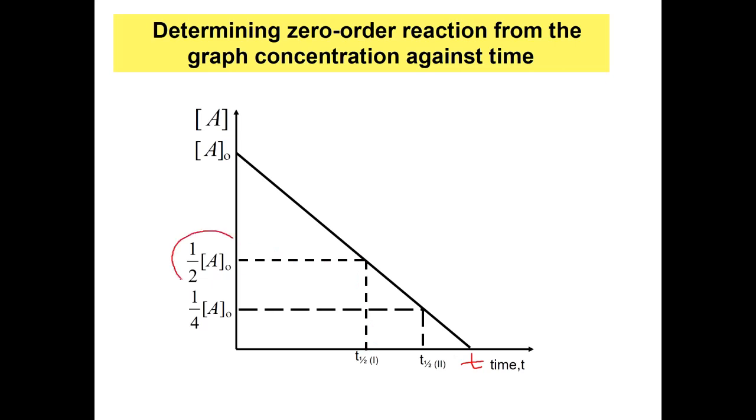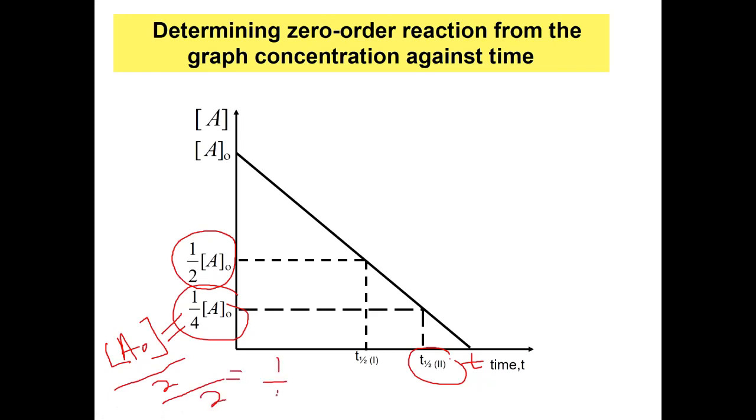Then this one is your negative half of the initial concentration of A, this one another half. You divide by 2 and then you have to divide by another 2, so that means we have 1 over 4 A naught.